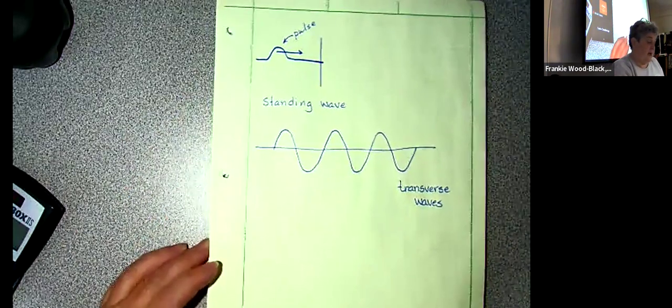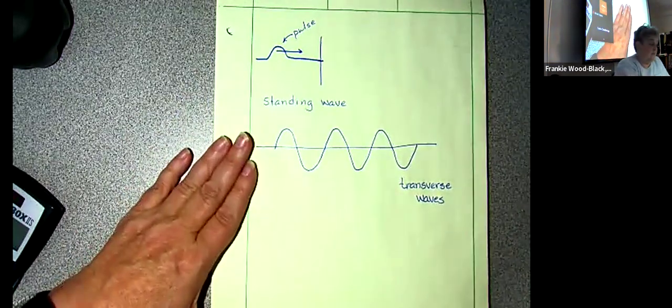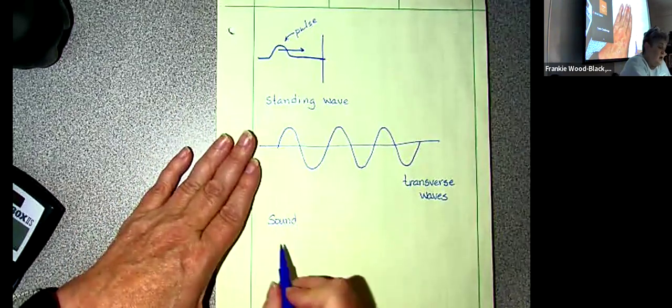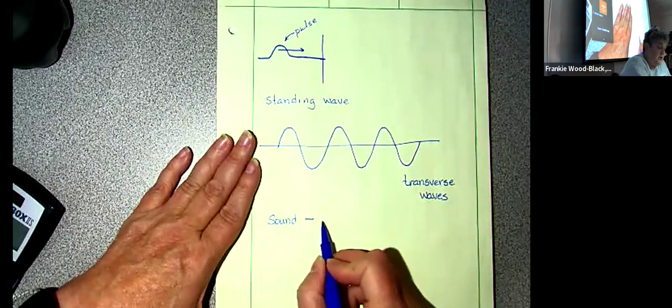We have another kind of wave that we deal with, and when we get to sound, those are called longitudinal waves.